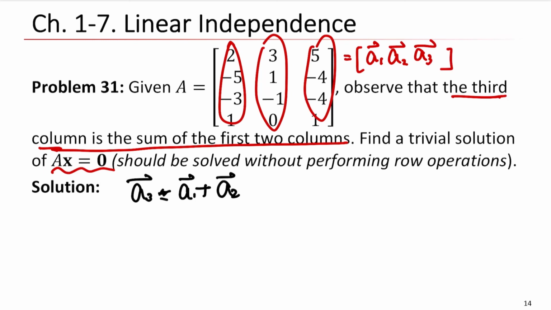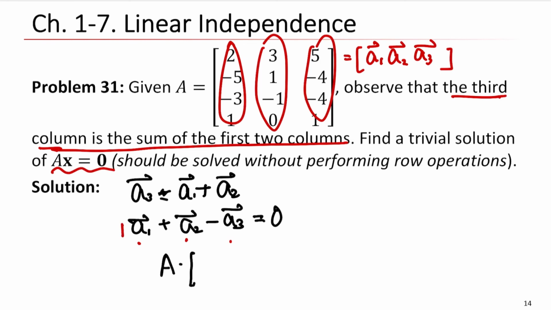Then we can say that A1 plus A2 minus A3 is equal to 0, right? Then because these are the column vectors of the matrix A, we can represent this with the solution coefficients here: 1, 1, negative 1, right?